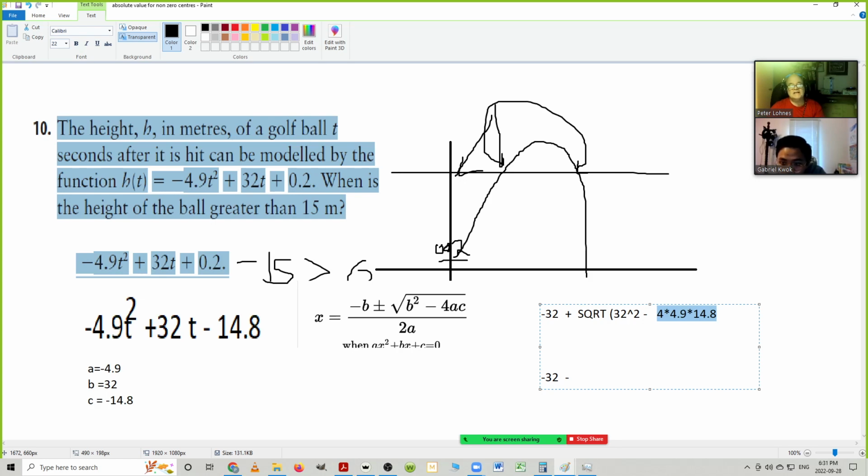Because A and C are both negative, the minus in front stays a minus, because A and C cancel each other out. So it's 32 squared minus 4 times 4.9 times 14.8.